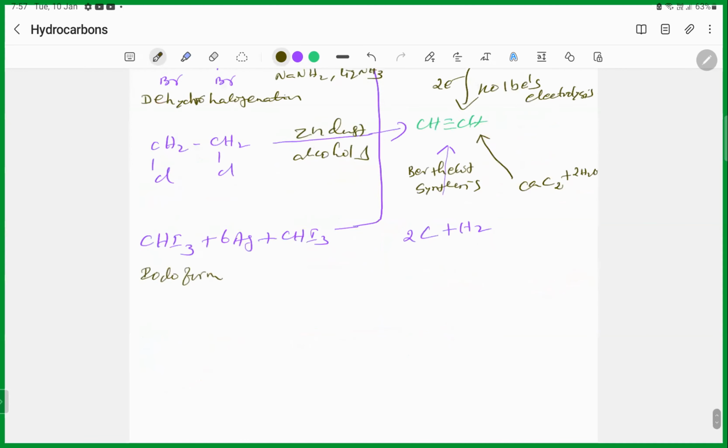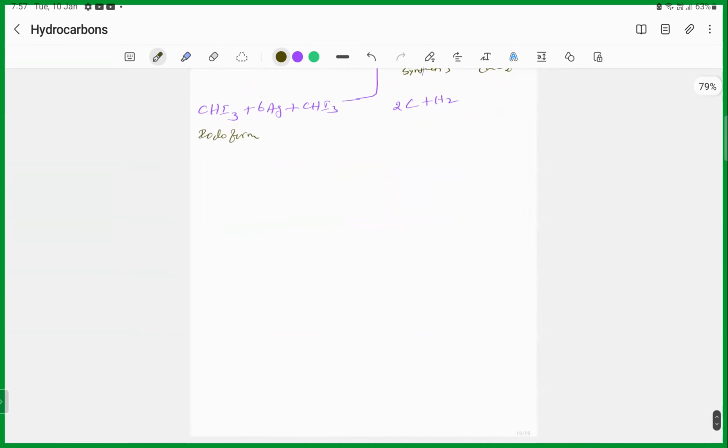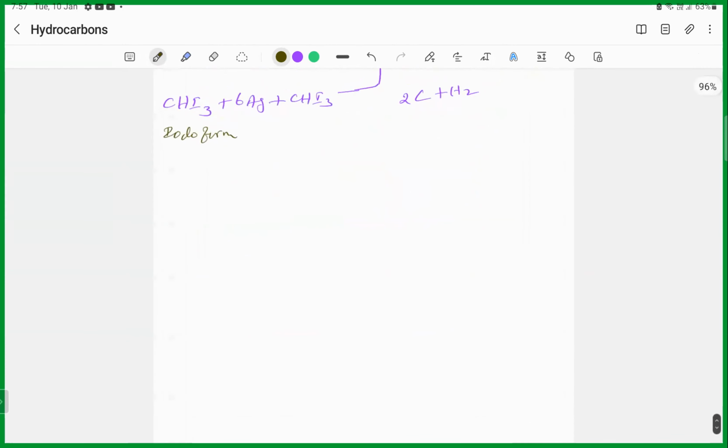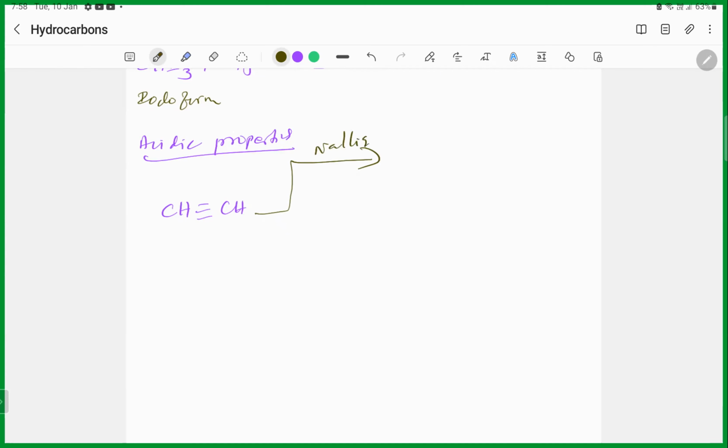Now you are going to see the chemical properties. When you have acetylene, CH triple bond CH, if you want to prove the acidic character, the acidic properties, you can treat this with sodium and liquid ammonia.